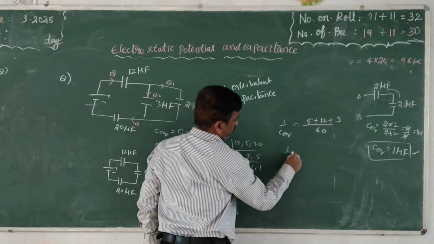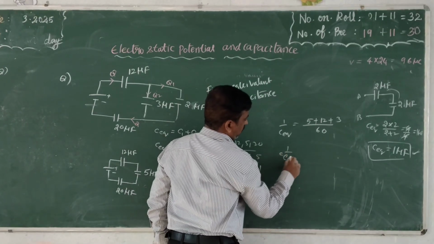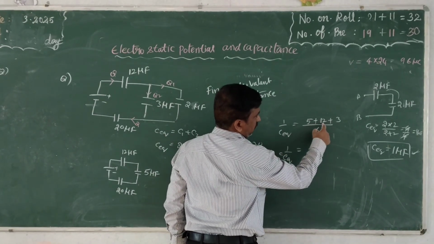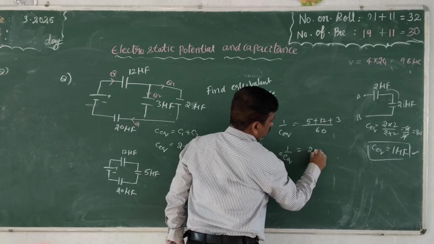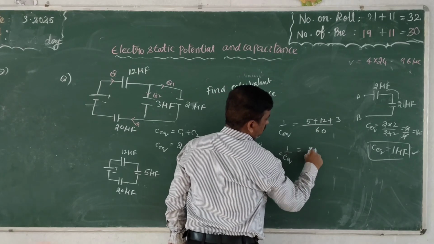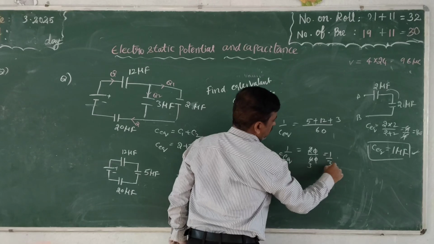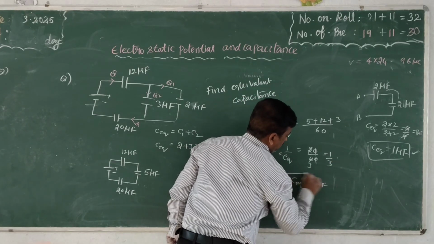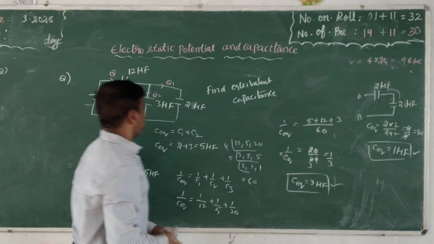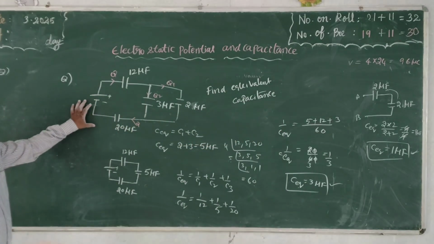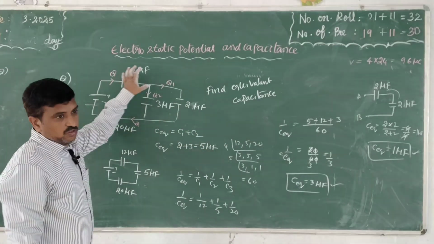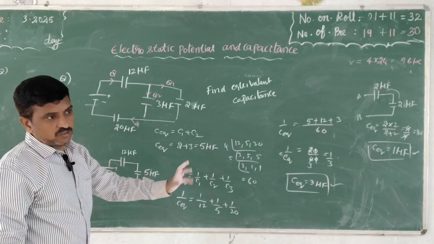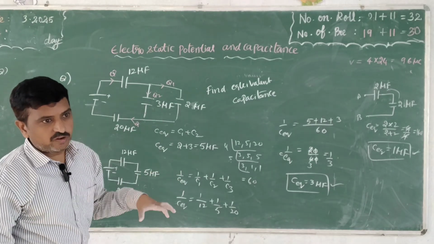So 1 by C equivalent equals 5 plus 12, 17 plus 3, 20 by 60. Zeros cancel, 2 ones, 1 by 3, so C equivalent equals 3 microfarads. That is the equivalent capacitance of the given circuit, 3 microfarads.